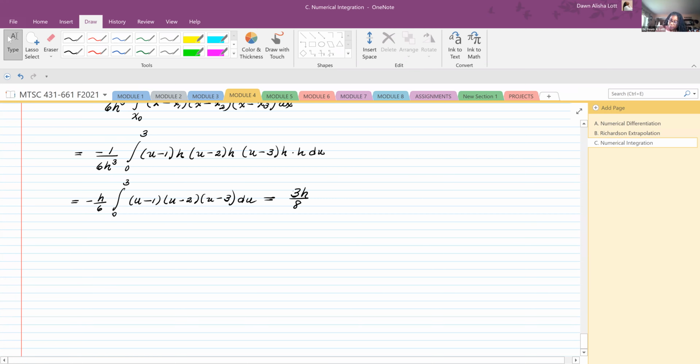But after you find W1, W2, and W3 and put it all together, you get I, the integral from A to B of f of x dx, is approximated by 3h over 8.